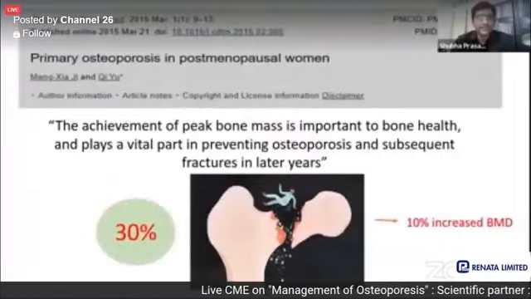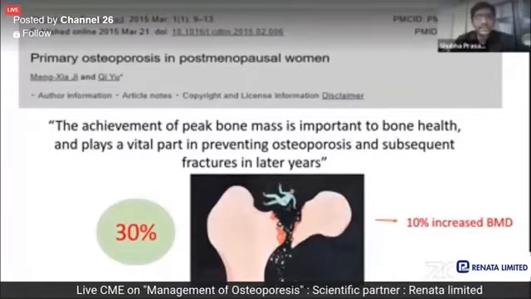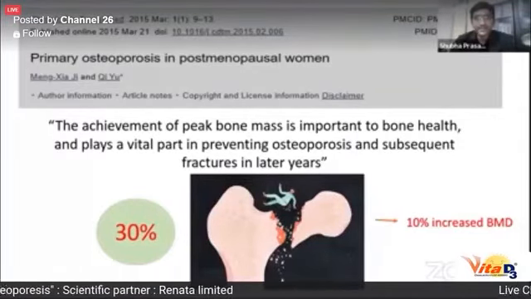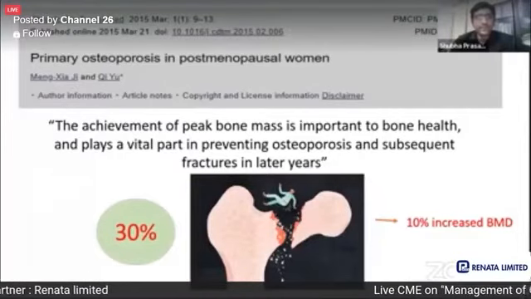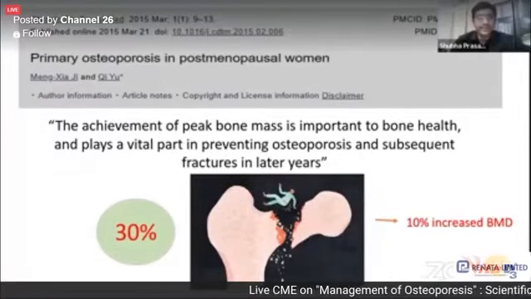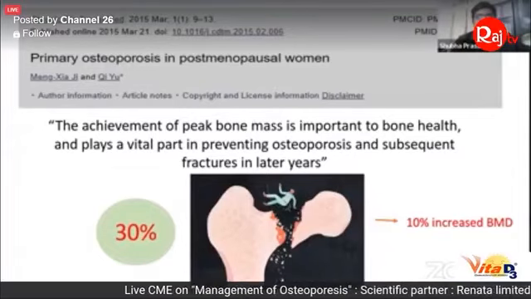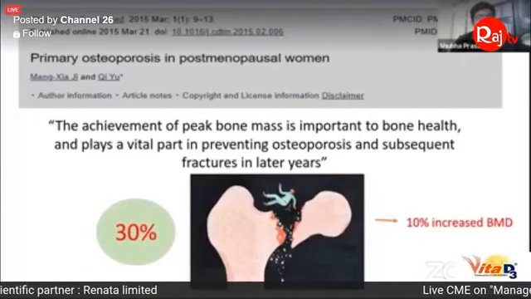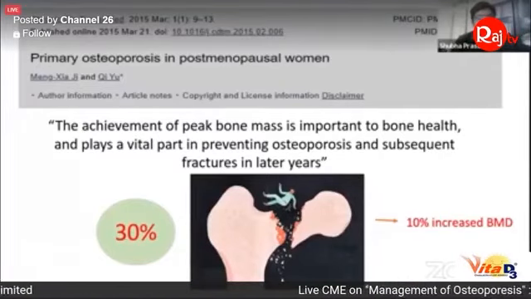There is a study on primary osteoporosis that suggests that the achievement of peak bone mass is the most important for bone health and plays a vital role in preventing osteoporosis and subsequent fracture in the later years. So not vitamin D, not anything.